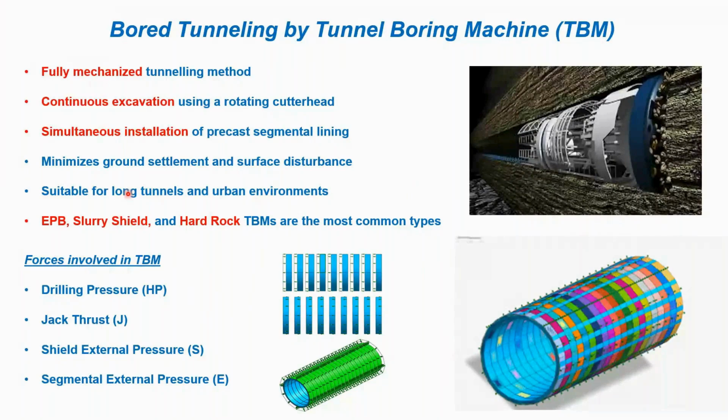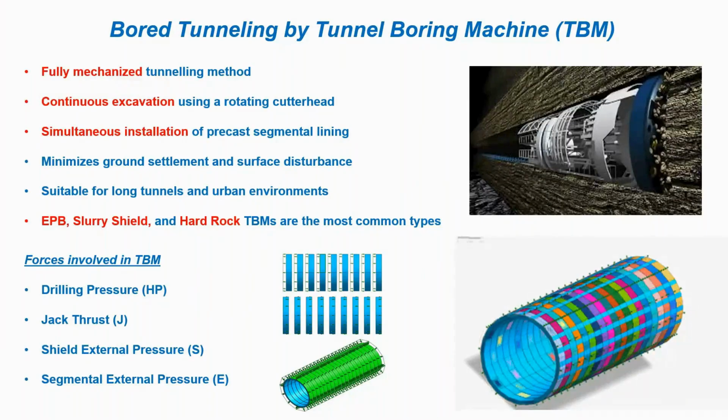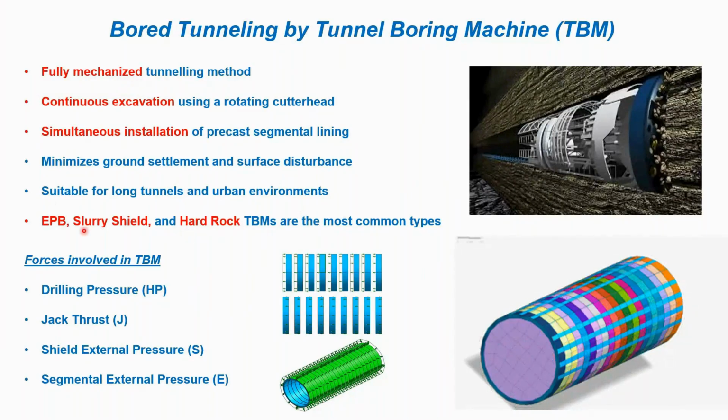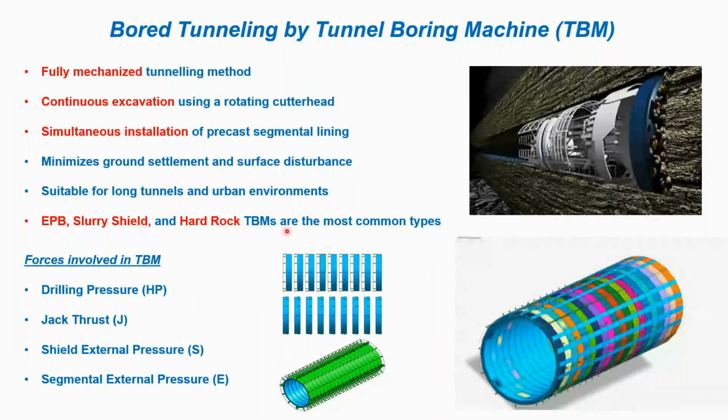These kind of TBM tunnels are commonly used for long transportation, metro systems, utility tunnels, and water conveyance projects. And depending on the ground condition, these are generally classified into three types: the earth pressure balance, slurry shield TBMs, and the hard rock TBMs, based on the type of ground.